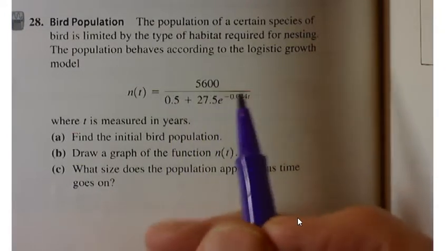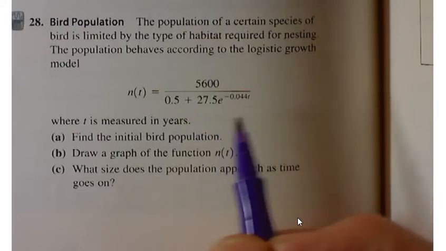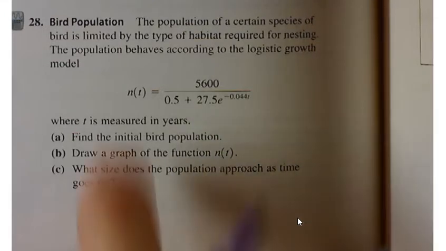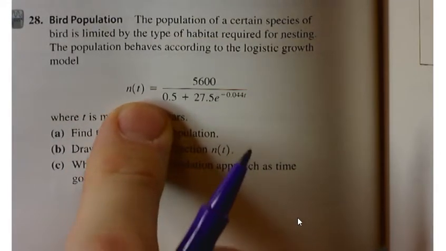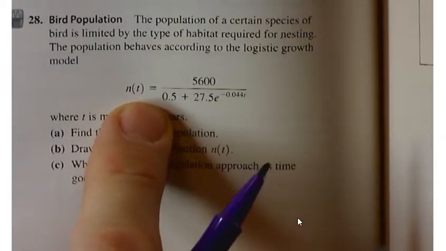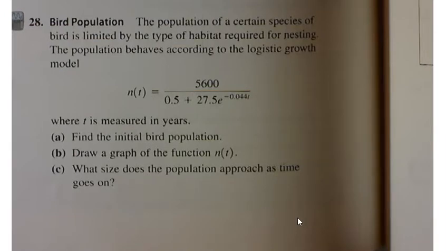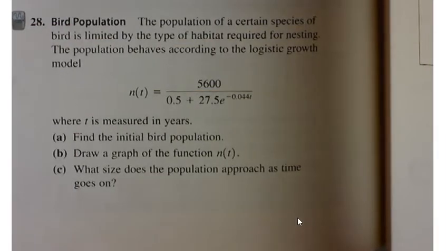The population behaves according to the logistic growth model. Here, find the initial population. Well, it's going to mean plugging in some value for t. What value for t would represent the initial population? T equals what? 0. Yeah. T equals 0. At time 0, that's what you're starting out with, right?